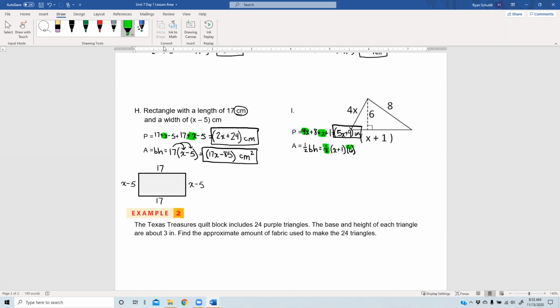I'm going to multiply the 1/2 and the 6 together and just get 3. And then I just got to distribute the 3. That's easier. So this is going to be 3x plus 3. That'll give me units, so I use the word units squared. That's our area.